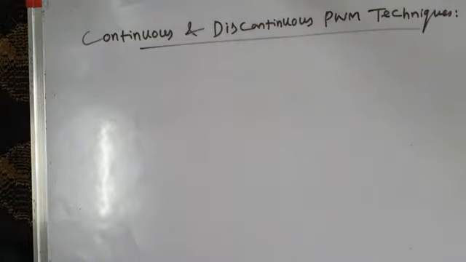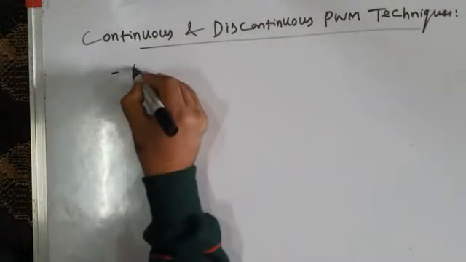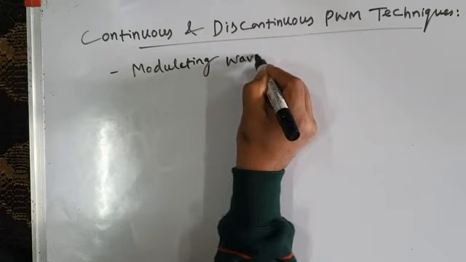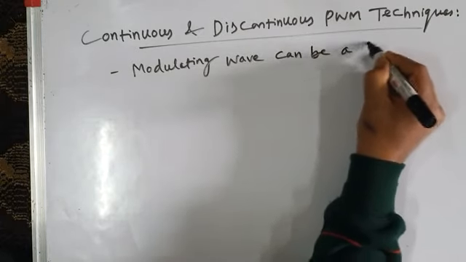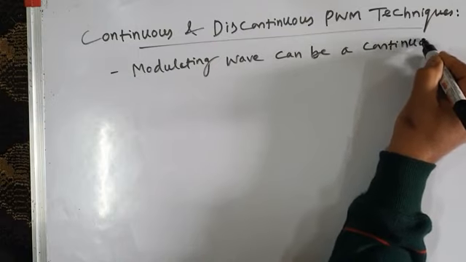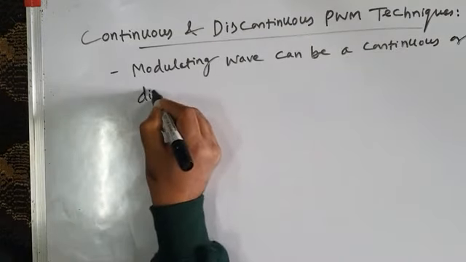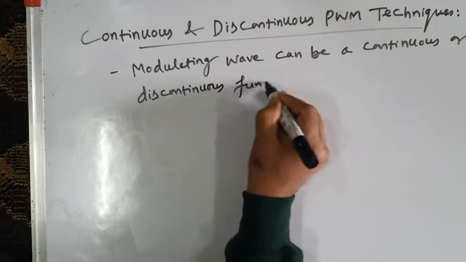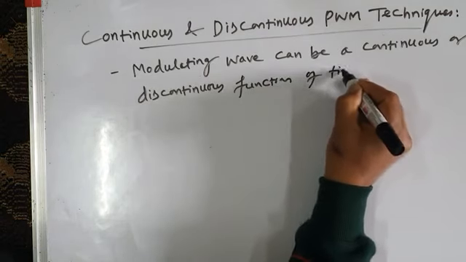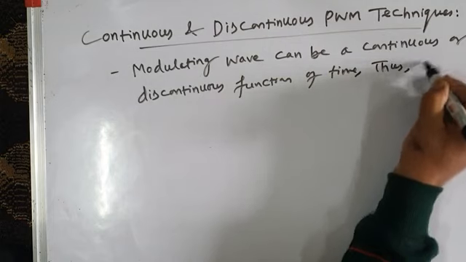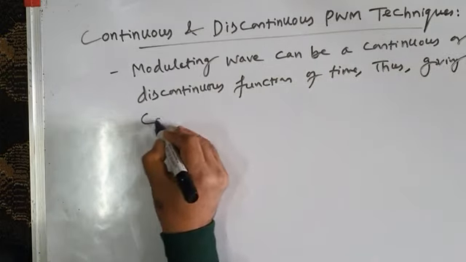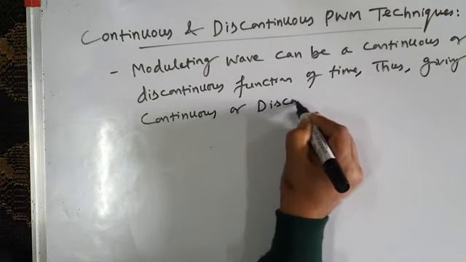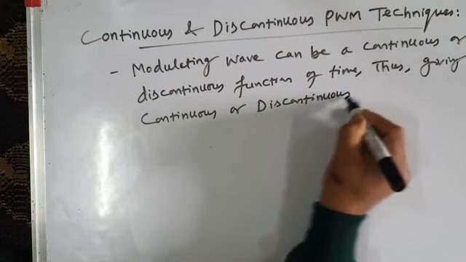We know that the target reference wave or modulating wave can be a continuous function of time or a discontinuous function of time, thus giving continuous or discontinuous PWM technique.